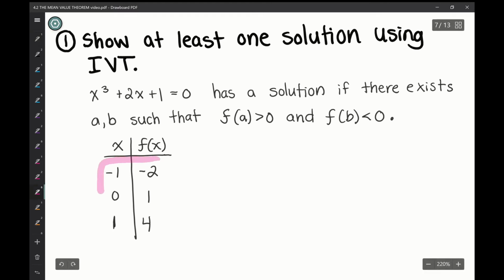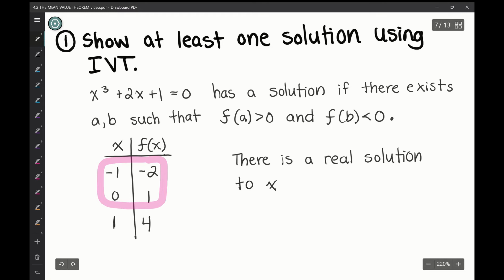But as I said, we have 2 inputs that give us outputs on either side of 0. So there is a real solution to x cubed plus 2x plus 1 equals 0 on the interval -1 to 0 by the intermediate value theorem.